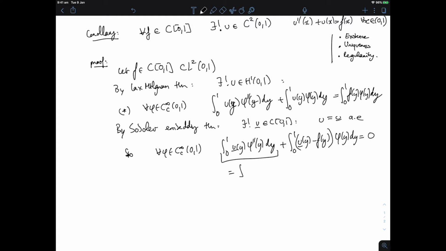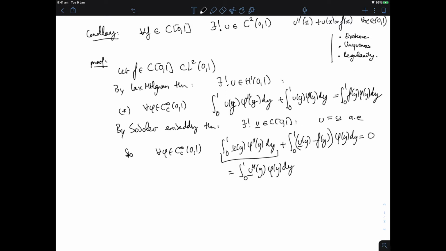I can also rewrite this as the integral from 0 to 1 of u bar prime prime of y. This is not quite an integration by parts because I don't know yet that u bar is in C2. So this has to be interpreted as the weak derivative, the second weak derivative of u bar.